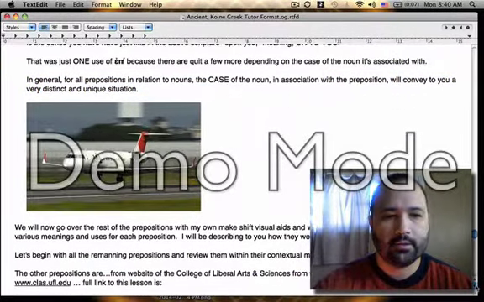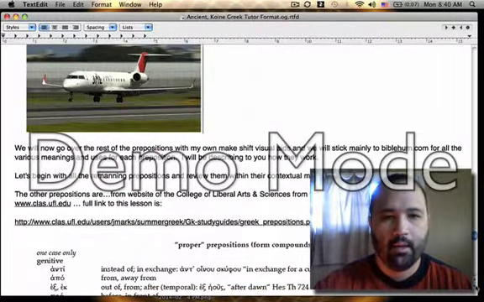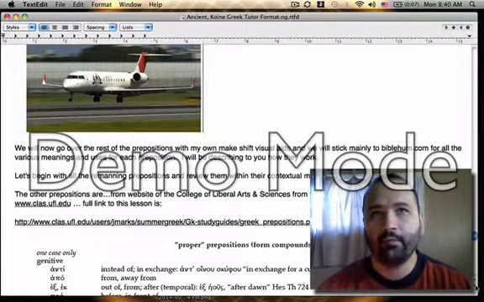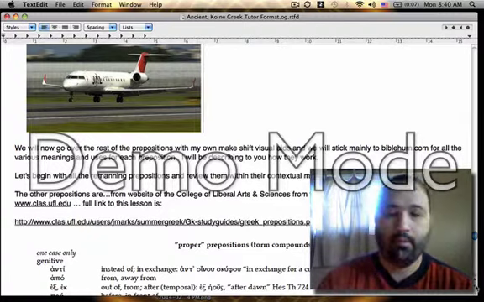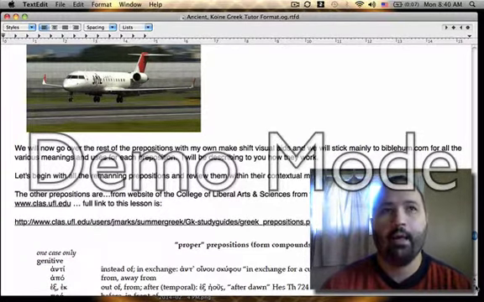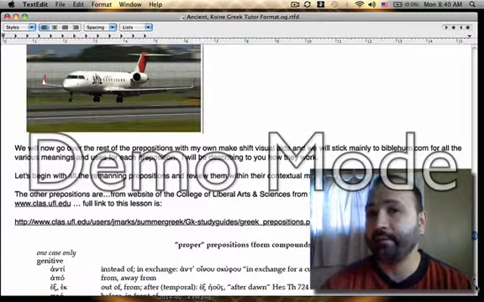So here's our example. Another example of epi: if I were to say epi metro, metro is in the dative.